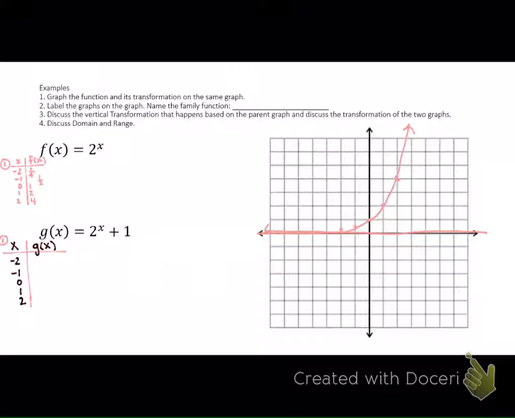And then don't forget to label your graph as you graph it, so I'm labeling this one as f of x.